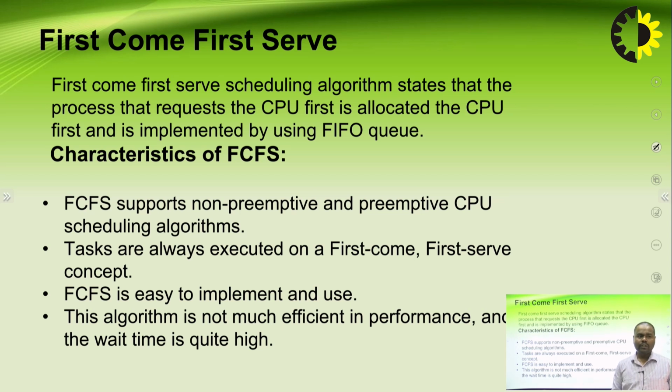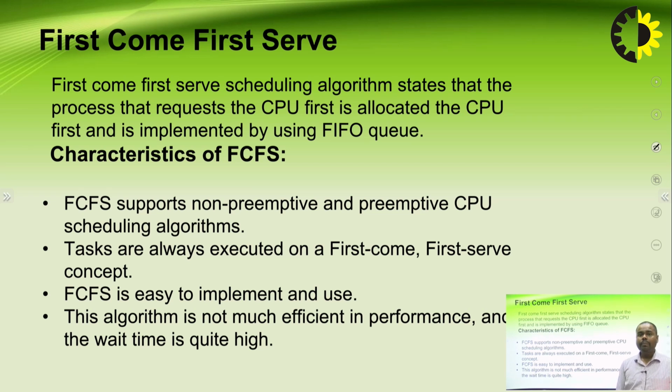Tasks are always executed on the first come first serve concept, meaning if a process has come first, then it will be executed first and then further on. FCFS is easy to implement and use. Obviously it is easy, because the process that comes first is served first. This algorithm is not very efficient for performance because the waiting time is quite high.